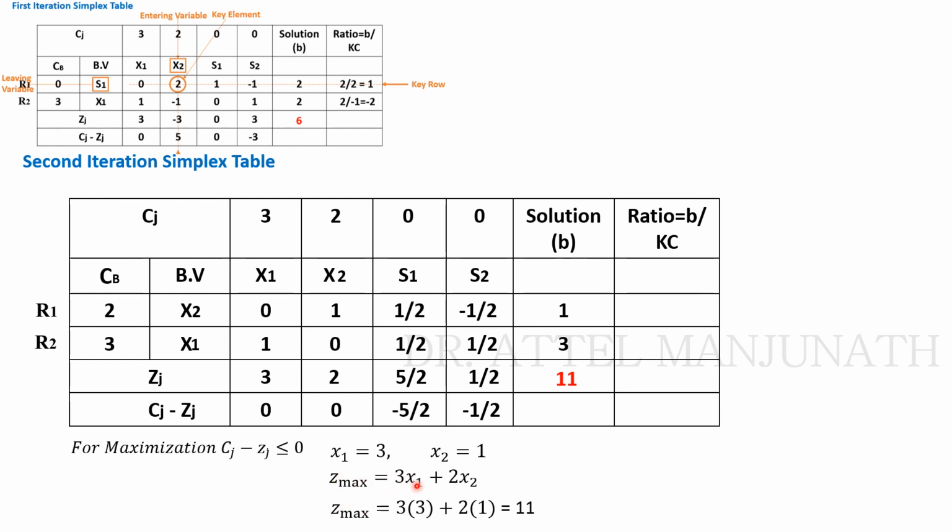So Z max is equal to 3x1 plus 2x2. Substitute the x1 and x2 values here, you will get 3 into 3 plus 2 into 1, 11. Whatever the tabulation of the simplex method gave, and the same values introduced mathematically in the maximization equation, that is the objective function, you get the same value.